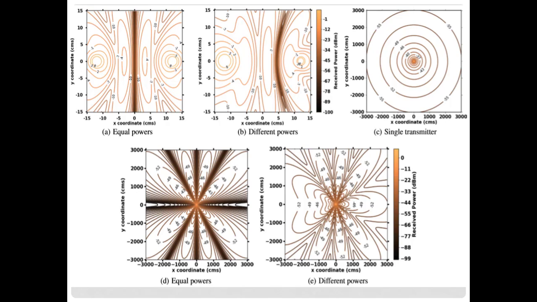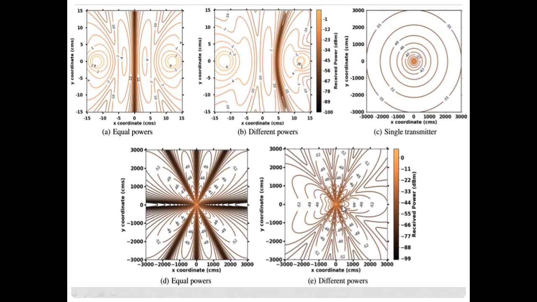And so as you can see on this picture, for equal powers, these areas which are black color are nulls. In case of unequal transmit powers, the received power at these distances is different from the two transmit antennas. Even when the signals combine perfectly out of phase, the resulting signal is not zero power.